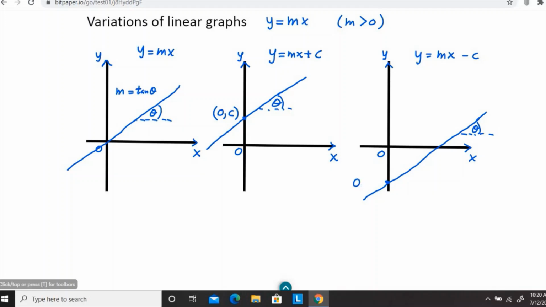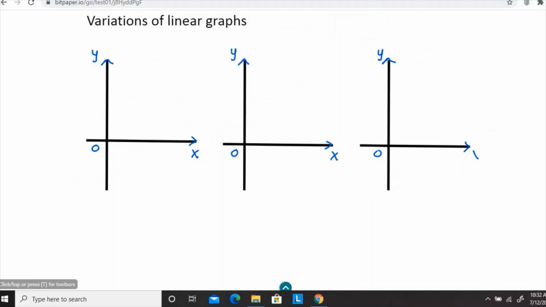So the coordinate of that point would be 0, minus c, where the y-intercept is minus c. So these are some variations of y equals mx equation when m is positive.